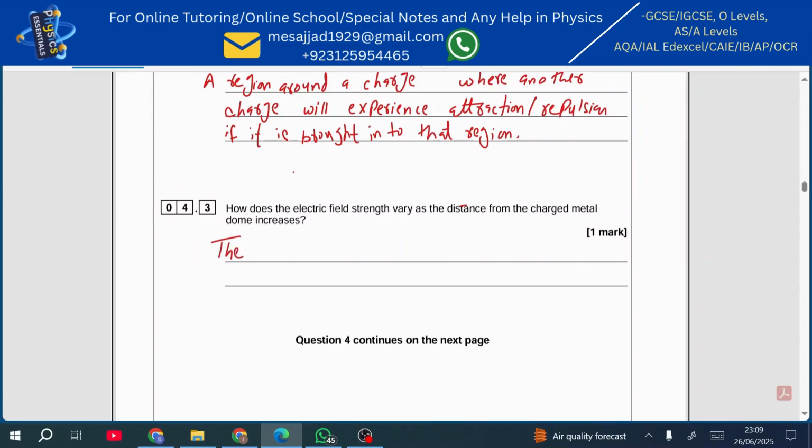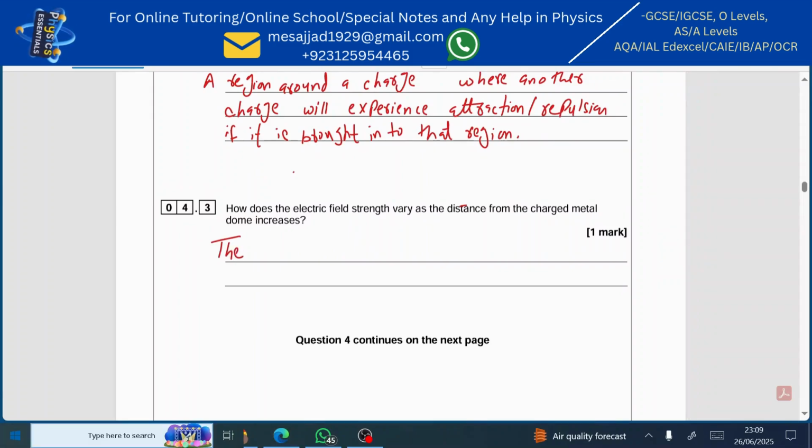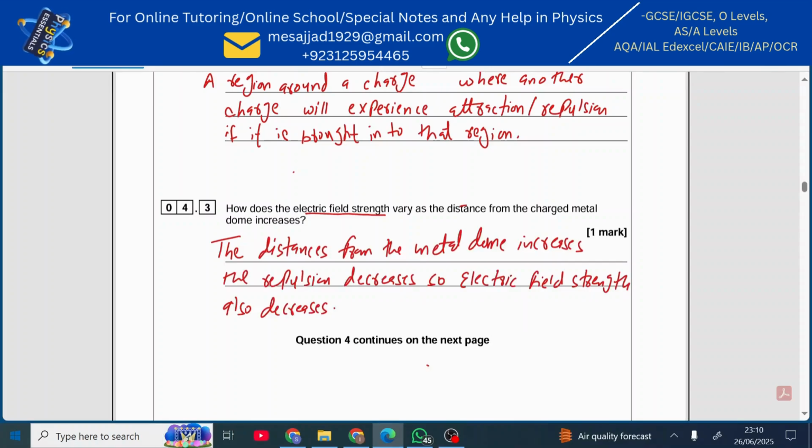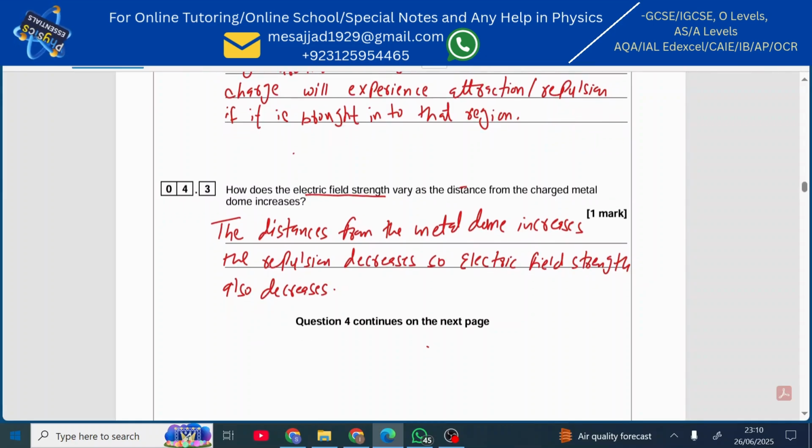So here I have written that as you increase the distance from the metal dome, the repulsion actually decreases, and when the repulsion decreases, it means that the electric field strength also decreases.